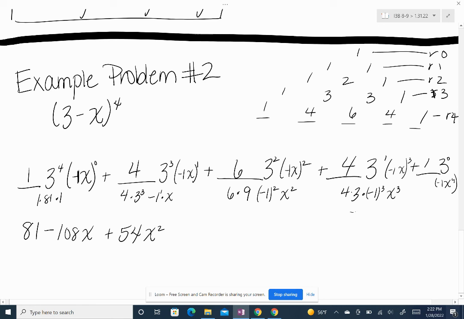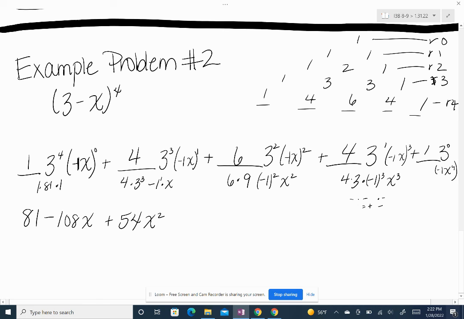So negative times a negative is a positive, times another negative gives us a negative. Honestly, the easiest way for me to remember is a number squared is even, right? It's like -1 times -1. Negative times a negative is a positive.